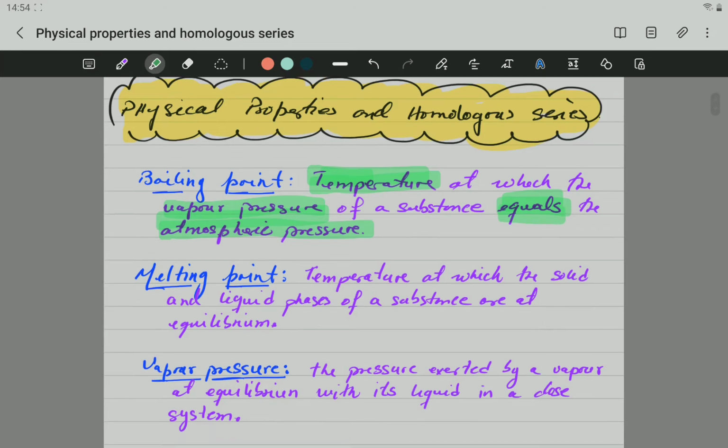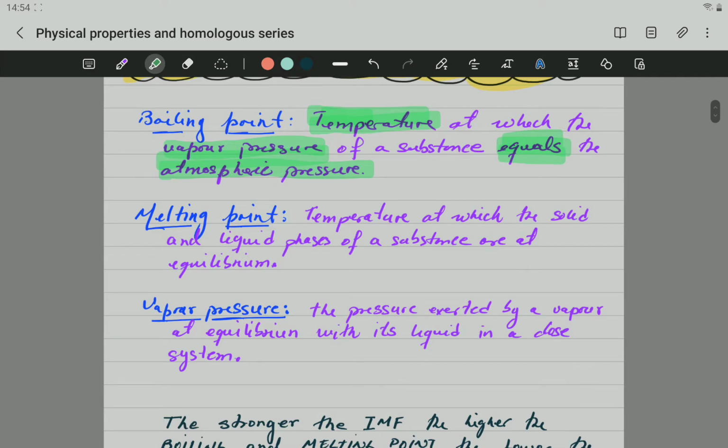Second property, melting point. Melting point is the temperature at which the solid and liquid phases of a substance are at equilibrium. That definition you have to learn.